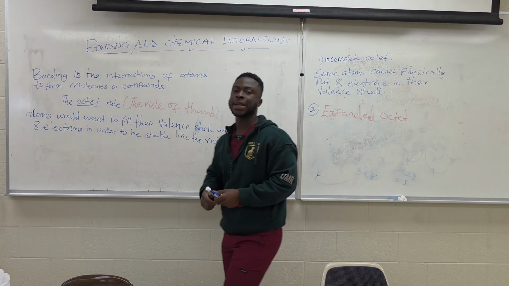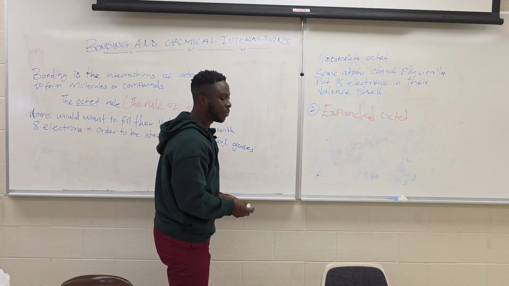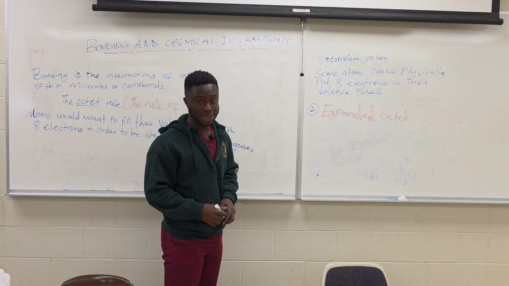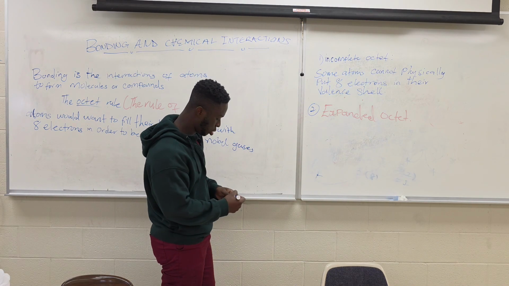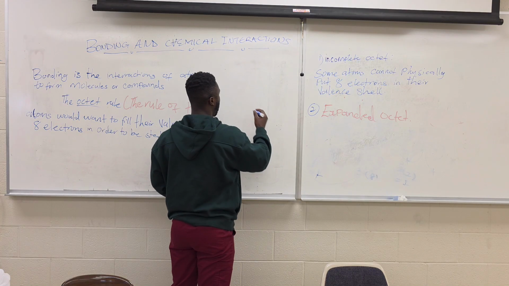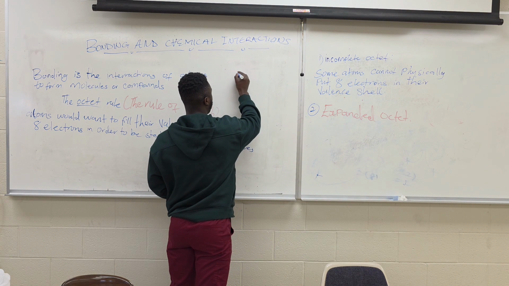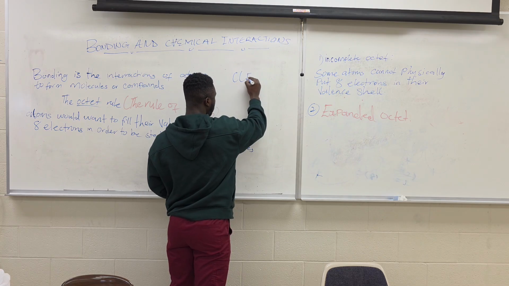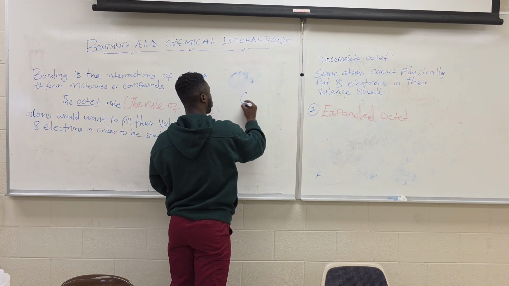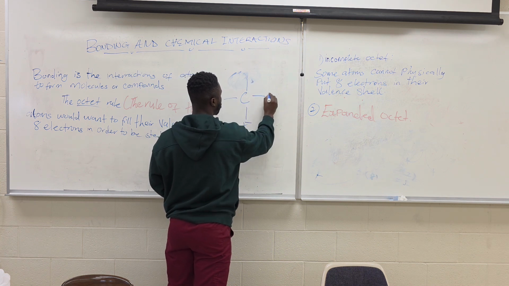So if we take an atom like chlorine, that is in period 3, and it has the d orbital at its disposal, we're going to have a compound like chlorine pentafluoride, ClF5. So chlorine pentafluoride, if you have the chlorine in the middle like this, it can bond to 5 fluorine atoms, right?